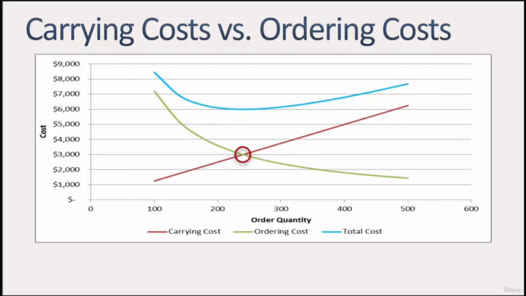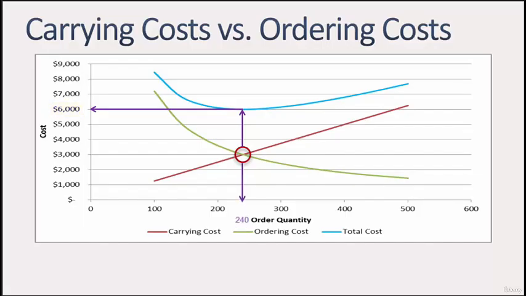At this point, the inventory carrying cost is equal to the ordering cost. The blue line above is a plot of the total cost, which is just the sum of the two cost lines below it. When you extend a perpendicular line through the intersection point of the carrying cost and ordering cost and have it intersect the total cost line, it'll give you the lowest point on the blue line, which is the lowest total cost, which in this case is roughly $6,000.